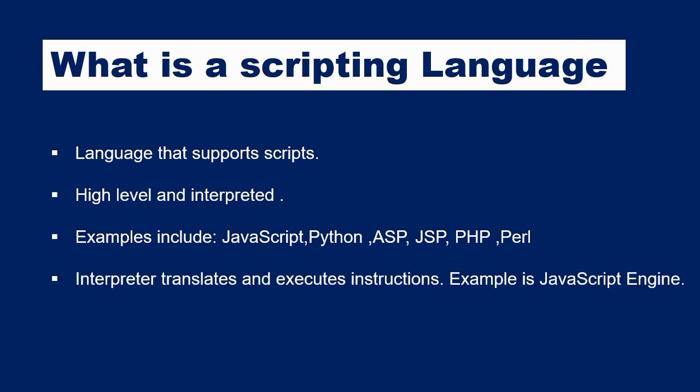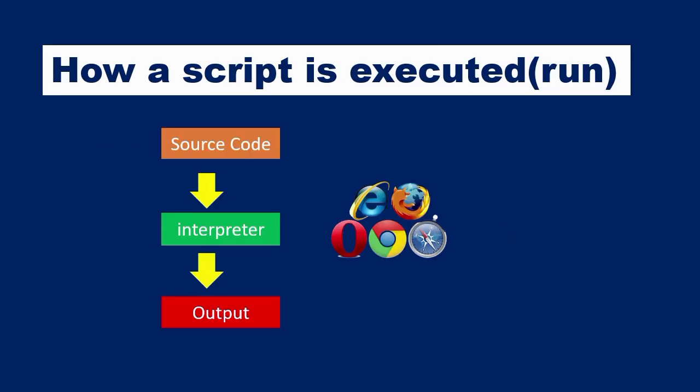You can normally find the JavaScript engines inside web browsers because that is the default hosting environment where your JavaScript is run or executed. An illustration shows how a script is executed. The source code contains the script, which when executed is then translated by an interpreter.